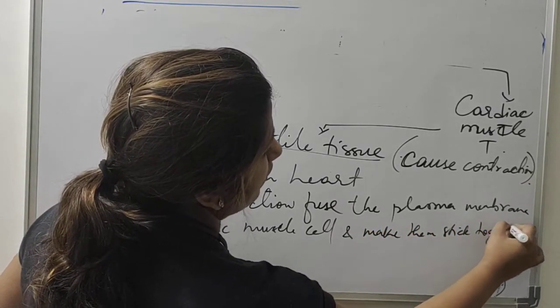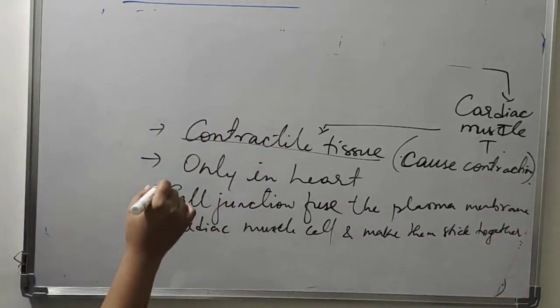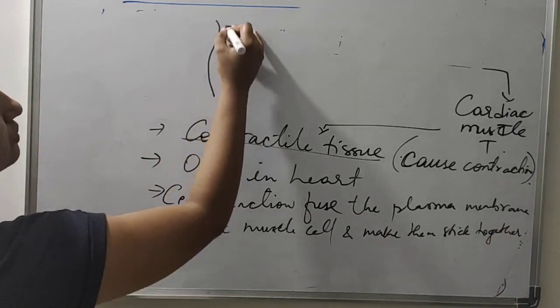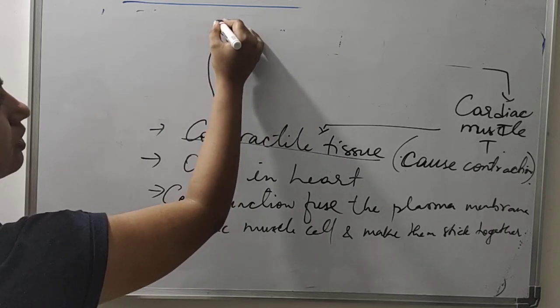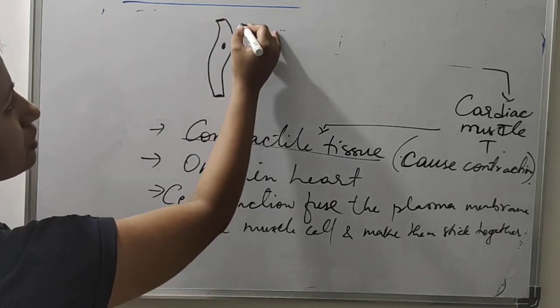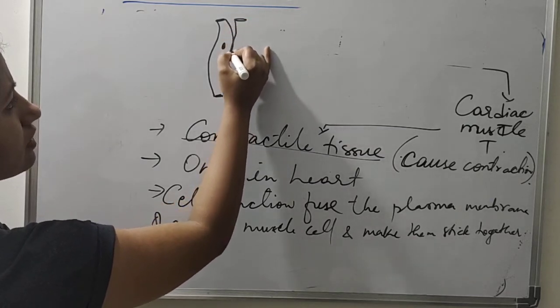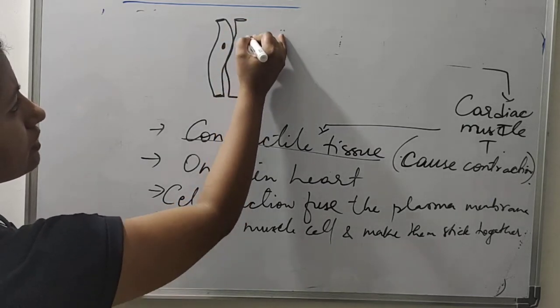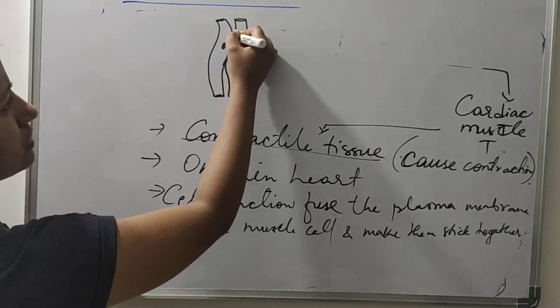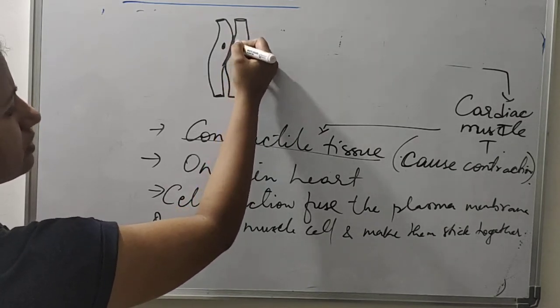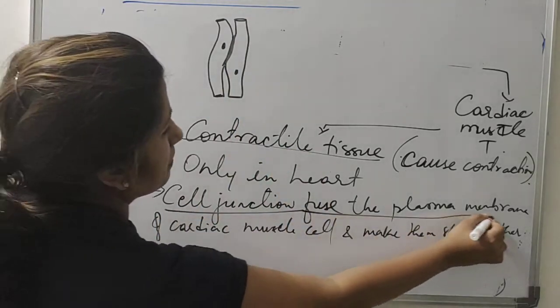Now we can refer to diagram 7.7, figure C. Here, if this is a cardiac muscle cell, one cardiac muscle cell, it will fuse with the other cardiac muscle cell like this. The plasma membrane fuses. This is the cell junction, and the cell junction fuses the plasma membrane.